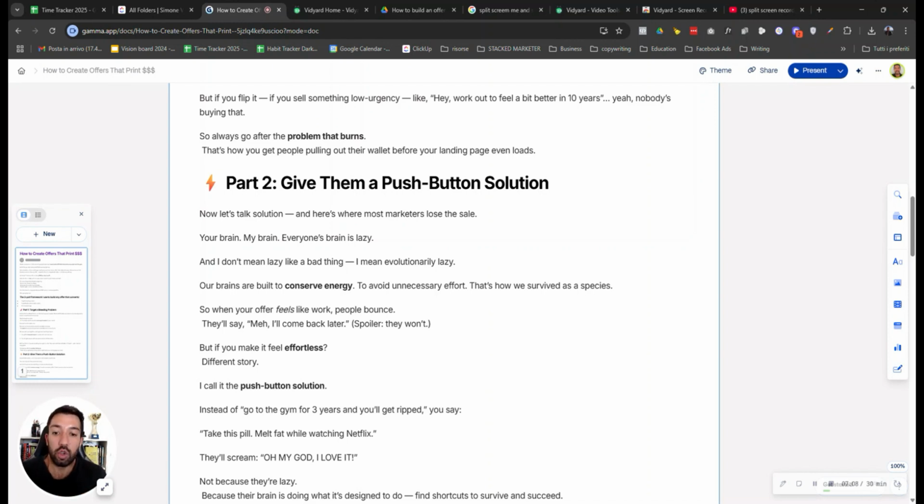You just have to understand human nature, especially if you sell in B2C. Maybe in B2B people are more strategic and logical, but most of the time in B2C people are very emotional, people don't really think a lot. It's a lot of impulse buying, so you want to create a solution that seems easy.